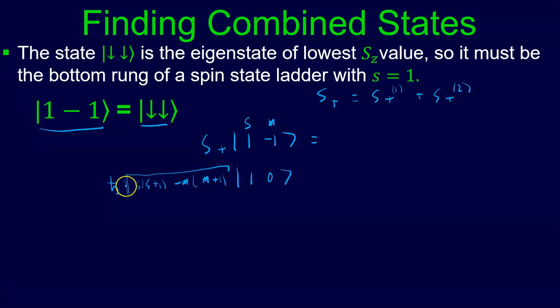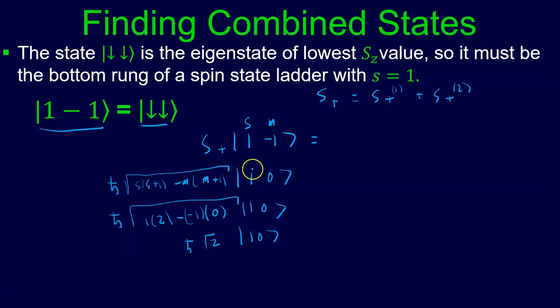Now if you plug in the appropriate values, I would get h bar times the square root of 1 plus 1, or 2, times 1, minus, and this is minus 1, times minus 1 plus 1, which hopefully gives us 0. And so I end up with h bar times radical 2 times 1, 0. And so that's just knowing how this operates on some general s m state.